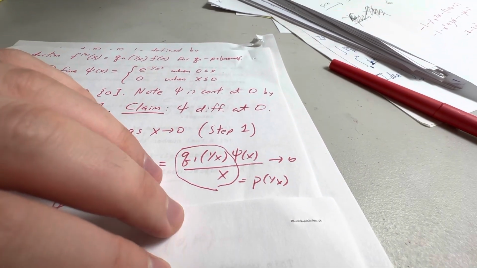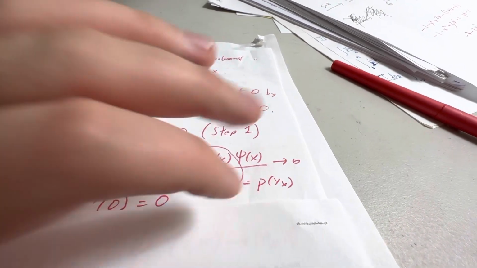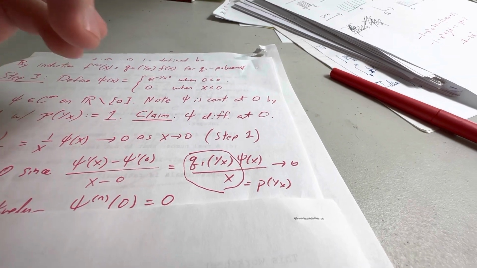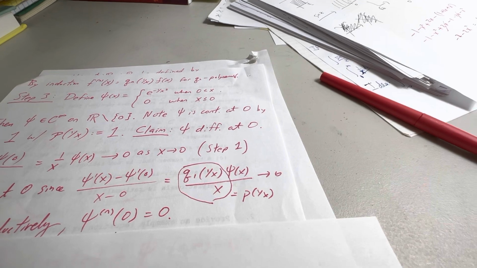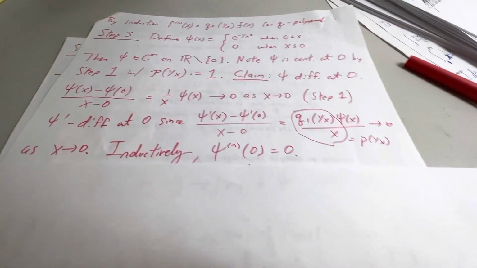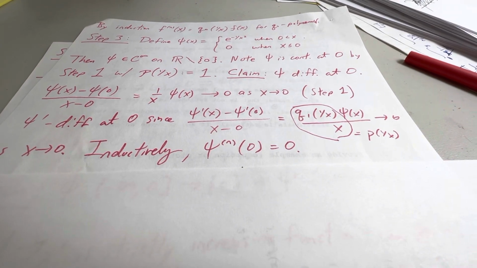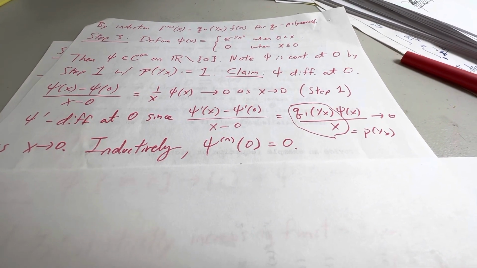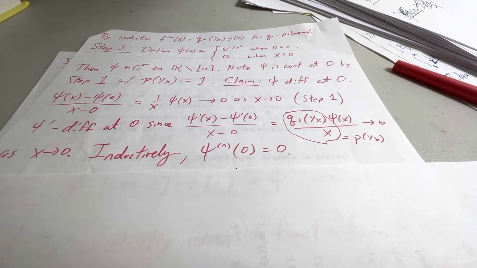Okay, again, by step 1, we have a polynomial of 1 over x, we have psi x, that tends to 0 as x tends to 0 as well. So now it's starting to become clear as to what's going on here. We can use induction again to show that the nth derivative of psi evaluated at 0 is again equal to 0. I leave out those details because again this is going on a bit long.